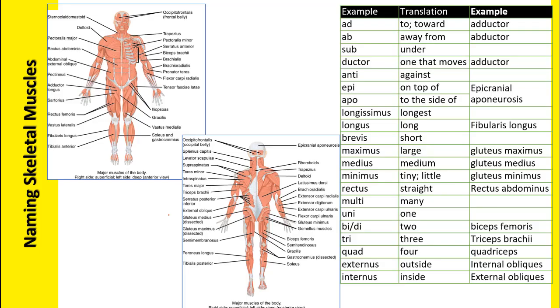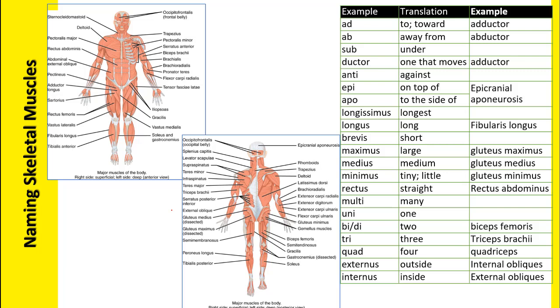So let's go. You can see here two diagrams, one of the frontal view of a person and one of the back view of a person. I'm not expecting you to memorize any of the muscles here unless I refer to it in a subsequent slide.